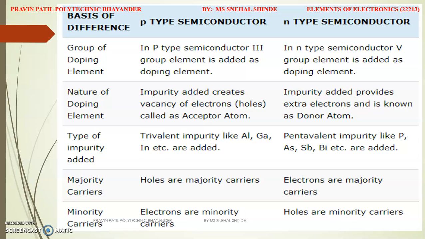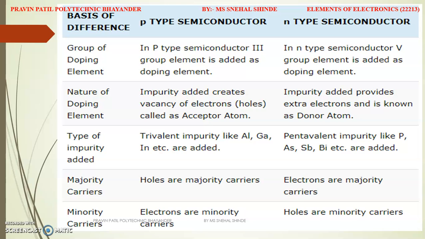Doping is adding of the impurity to the pure form of the semiconductor, that is the intrinsic semiconductor. As we have discussed, semiconductors are of two types, intrinsic semiconductor and extrinsic semiconductor. The p-type semiconductor and n-type semiconductor come under the extrinsic semiconductor, which is formed by adding impurities.